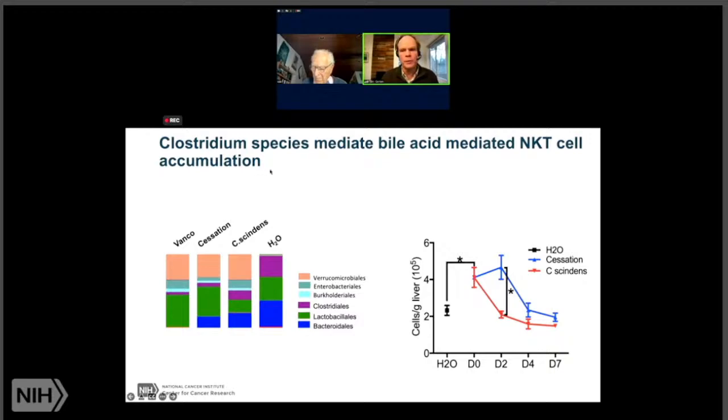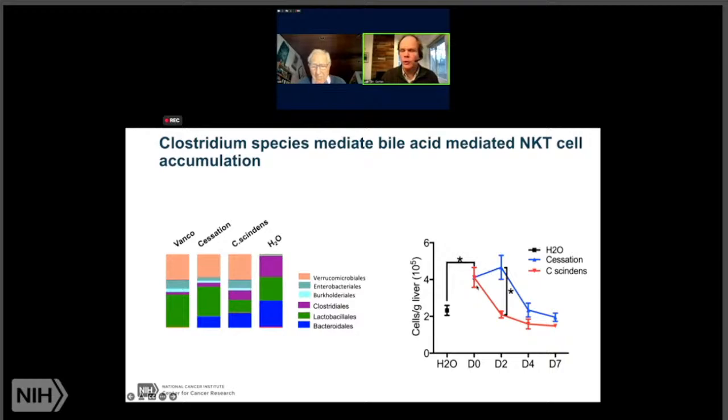I told you that there is a Clostridium species, Clostridium scindens, that was known to be able to metabolize bile acids. So we set up a model where we treat mice first with antibiotics and then bring back the Clostridium scindens into these mice, the commensal, and look at NKT cells.